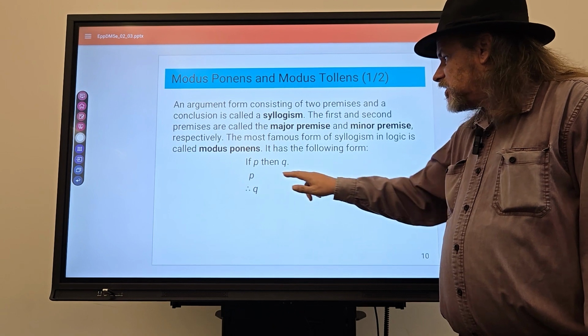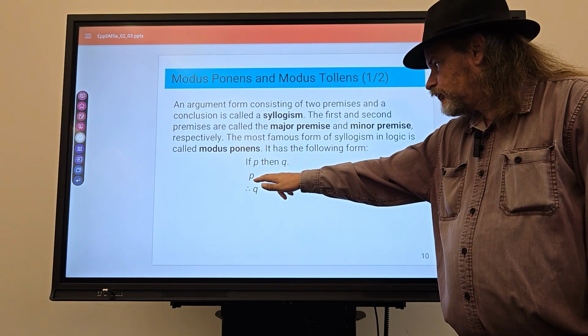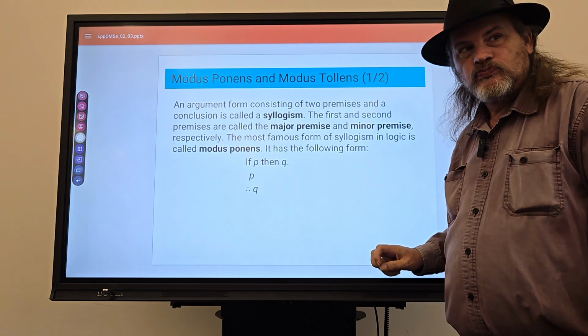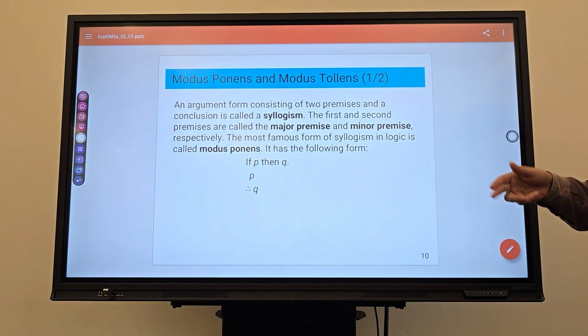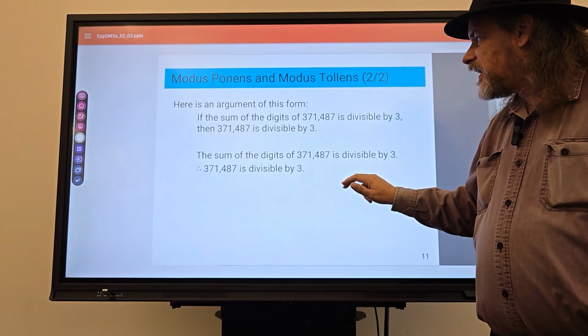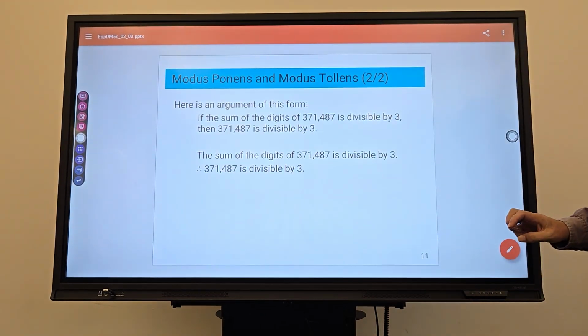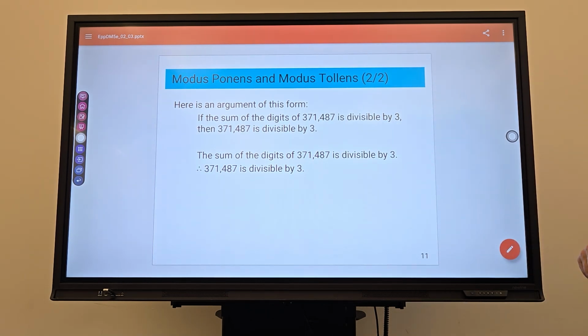So, if P implies Q, and P is true, then Q is true. Pretty intuitively, you should be able to follow that. They skipped the slide. They didn't explain what modus tollens is. I'll get to that in just a second.